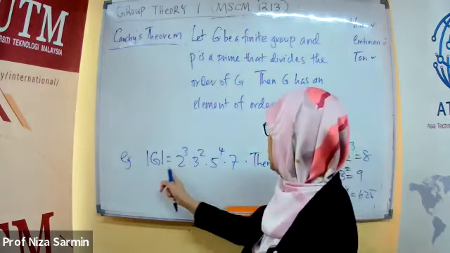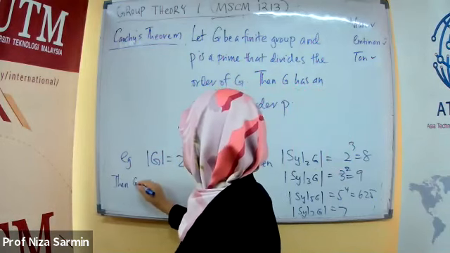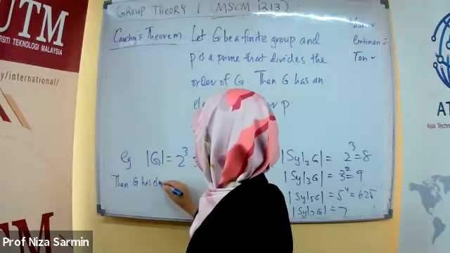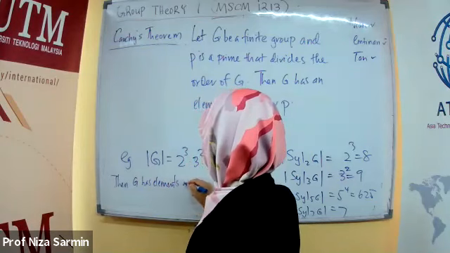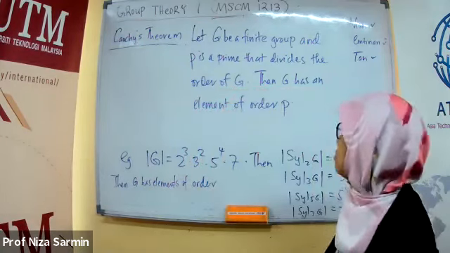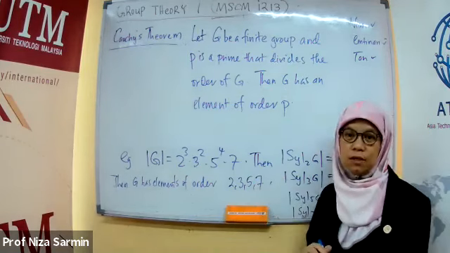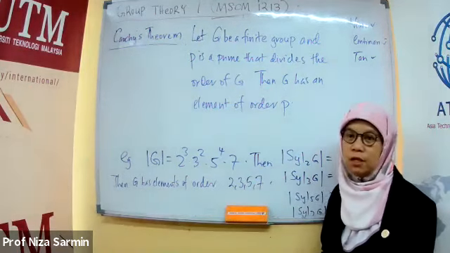So in this group, G has elements of order 2, 3, 5, and 7 by Cauchy's theorem.